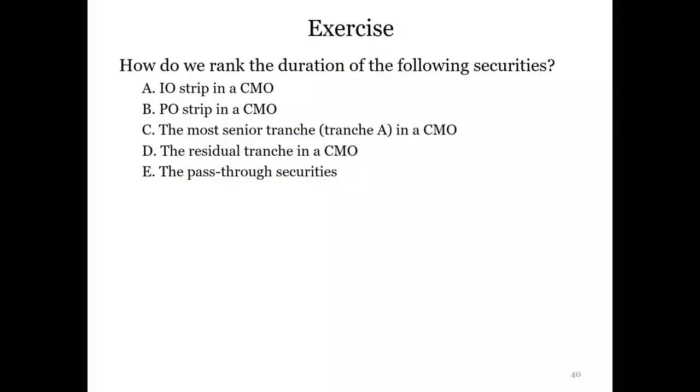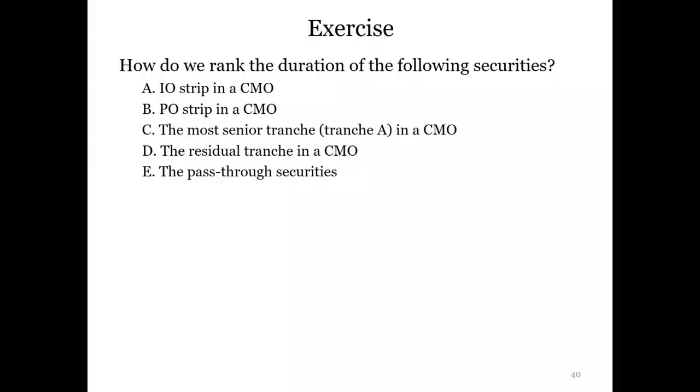So we have PO strip, tranche A, and pass-through securities. Which one? Definitely not PO strip.